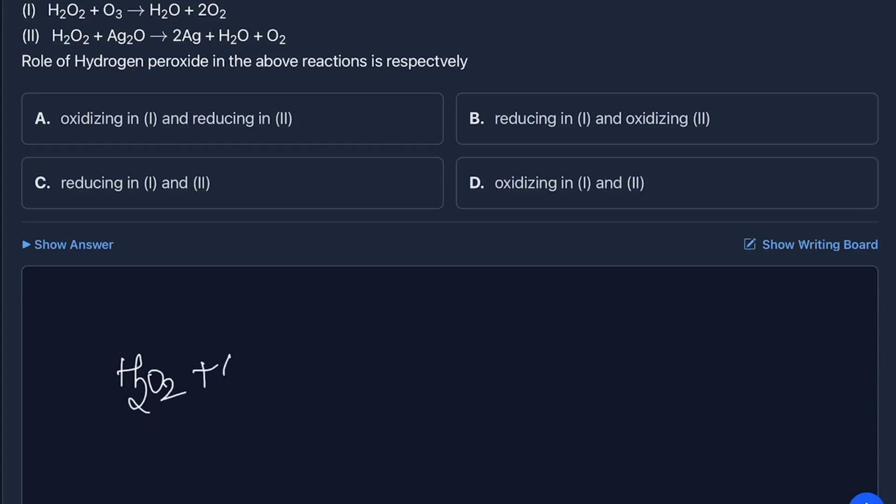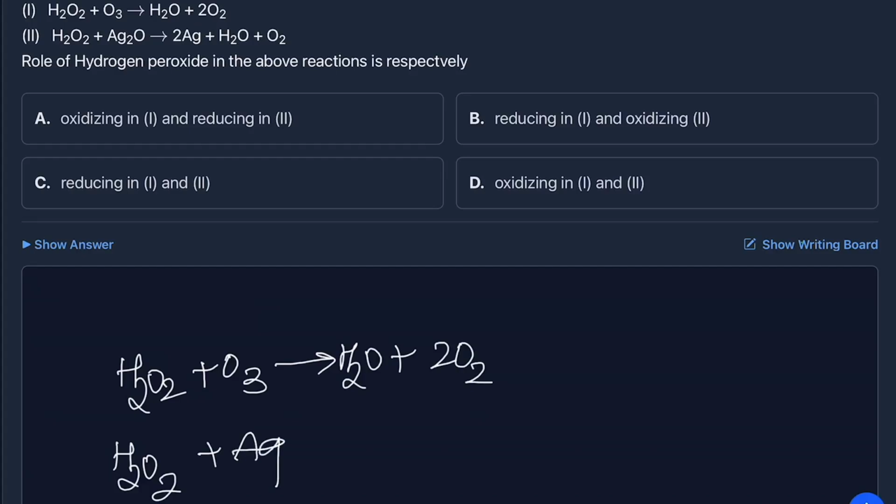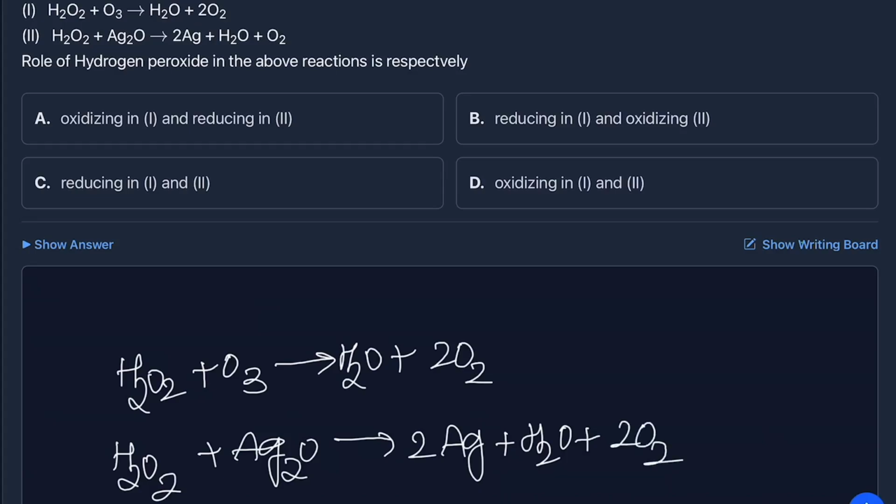H2O2 plus O3 gives H2O plus 2O2. Next, H2O2 plus Ag2O gives 2Ag plus H2O plus 2O2. So we can check the oxidation states here.